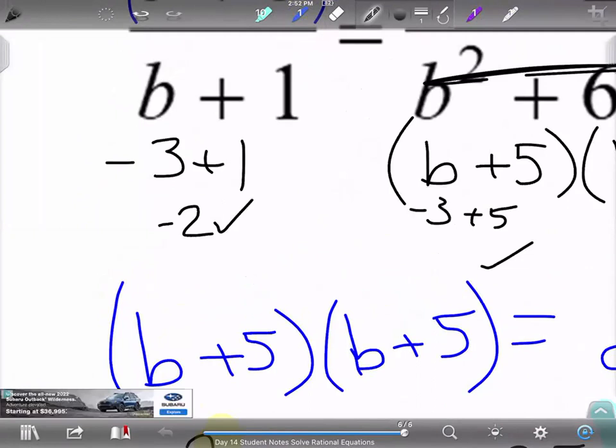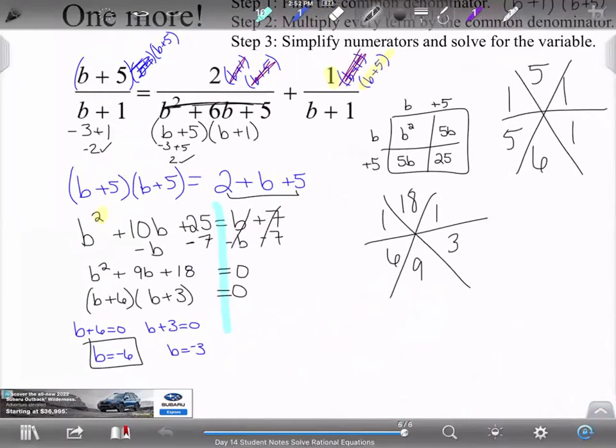And then if I plug in -3, -3 plus 5 is going to give us +2. +2 is also not 0, so it will work as well. So I can go back and circle my answer. This time we have 2 answers for our solutions. So sometimes we'll get 1, sometimes we'll get 2, and one of them will be extraneous, which we had happen earlier. And then sometimes you'll factor and you'll get 2 solutions and they will both be correct.